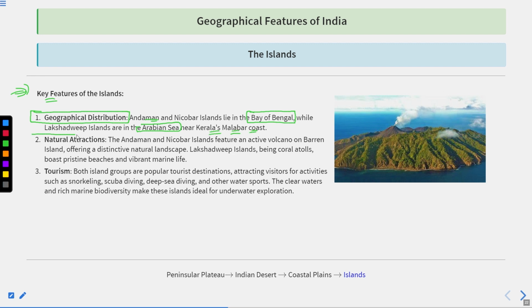Then the natural attractions. The Andaman and Nicobar Islands feature an active volcano on Barren Island, offering a distinctive natural landscape. The Lakshadweep Islands, being coral atolls, boast pristine beaches and vibrant marine life. Then the tourism.